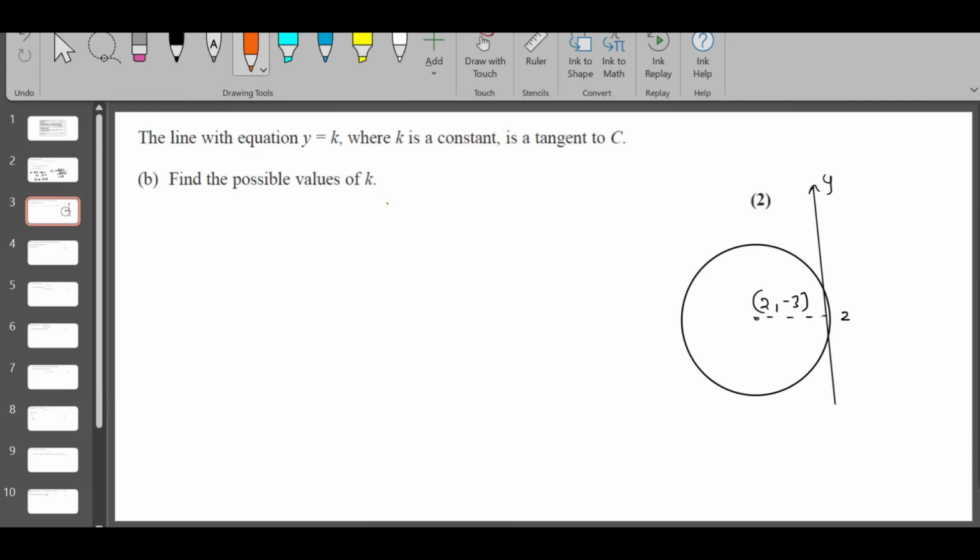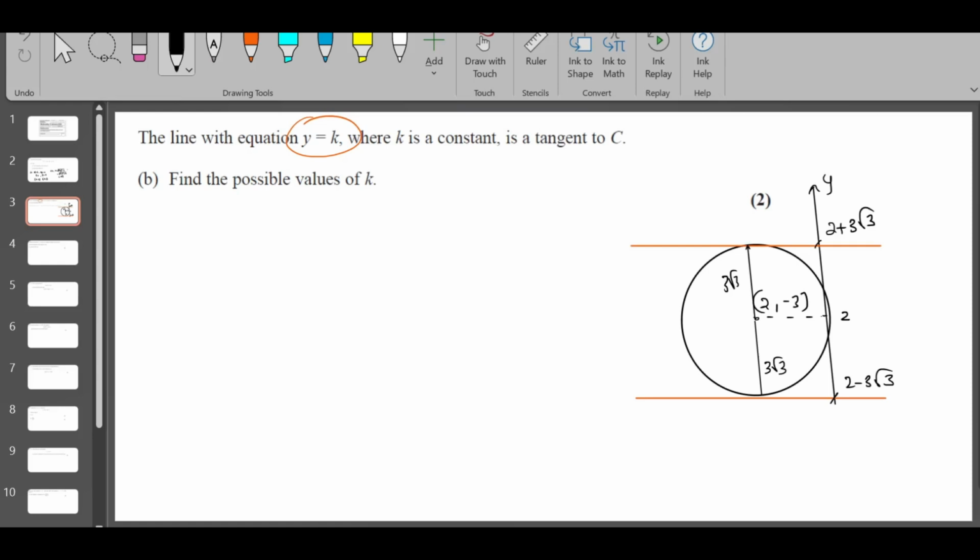If you take a line y equals k, it can be here, like a tangent, because the question says it's a tangent, or it can be here, right? We know the radius of the circle is 3 root 3. So this coordinate should be 2 plus 3 root 3, or this coordinate would be 2 minus 3 root 3, because the length from the center to the point of contact is 3 root 3.